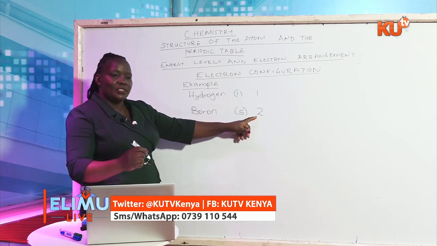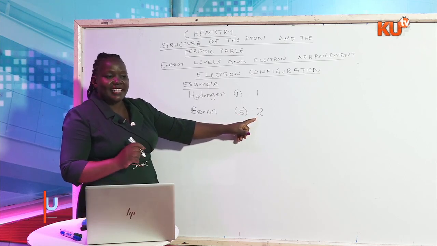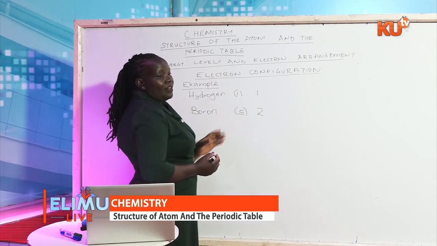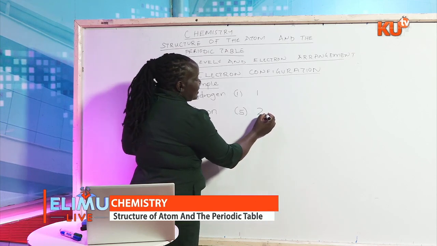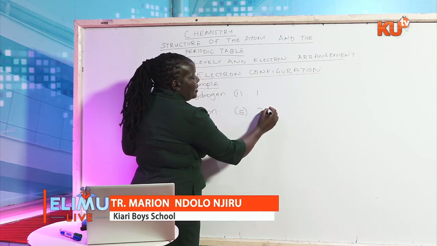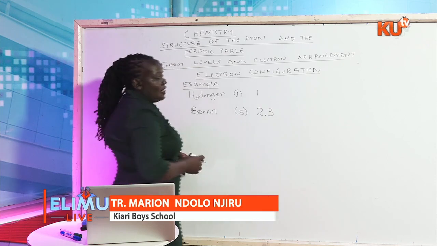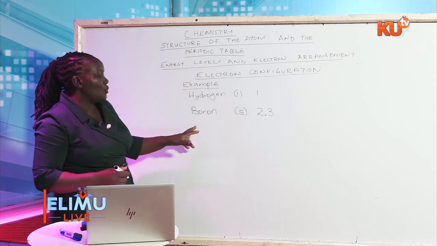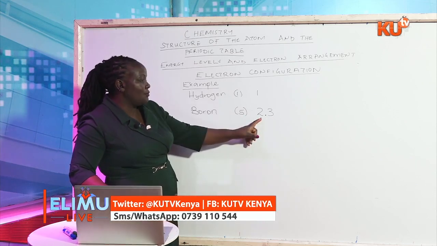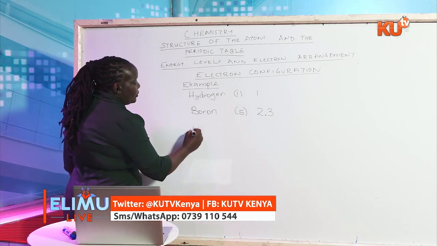The 3 electrons will move to the next energy level, the second energy level. Between the electrons of one energy level and the other, we put a dot like that. The electron arrangement of boron is 2.3: the first energy level with 2, the second energy level with 3. Let's look at neon.